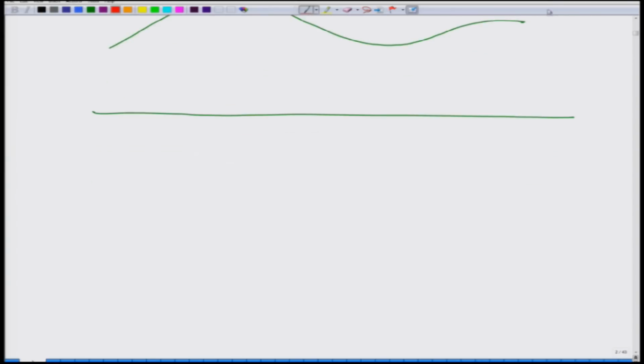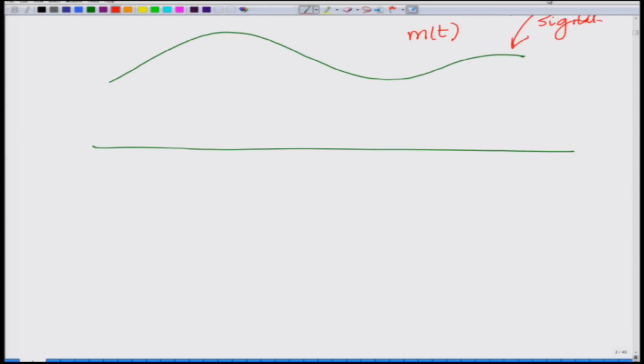I can multiply it by an impulse train. I am going to take an impulse train, which has impulses that are spaced Ts apart.